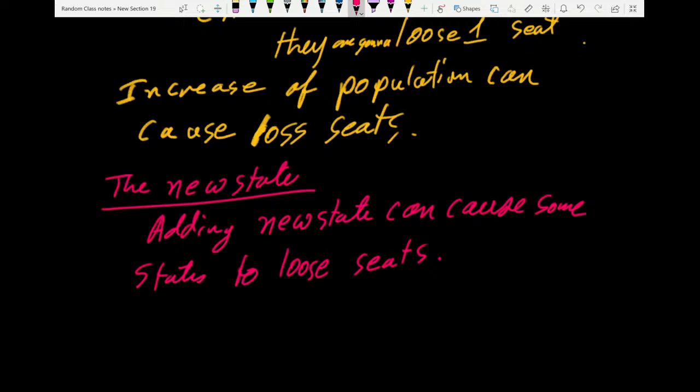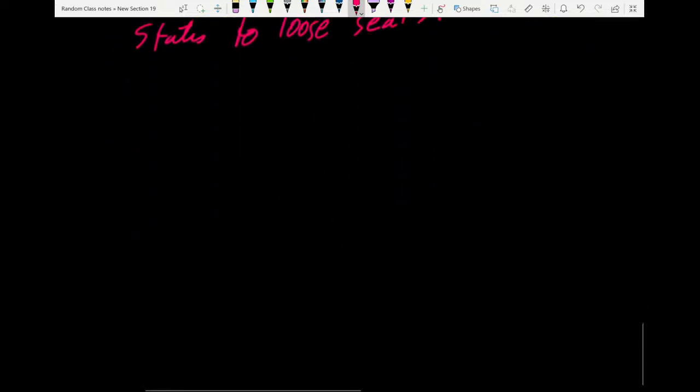All right, so now let's do some problems. What we're going to do is use the Hamilton method to do the problem. So we're going to look at a country with 3 states.